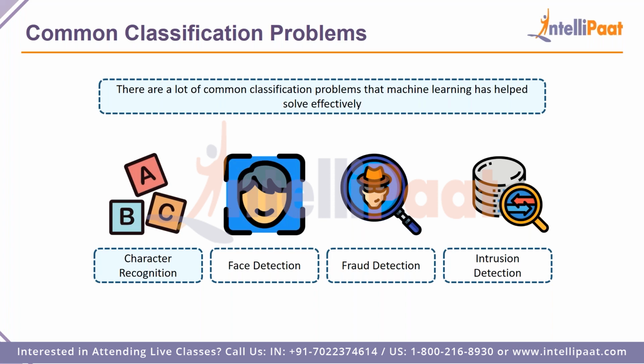That's character recognition. Then comes face detection. If you've ever used a mobile phone with a camera, you put up someone's face in the camera and it creates a bounding box around it to help it focus on the person's face, and that's what face detection is.